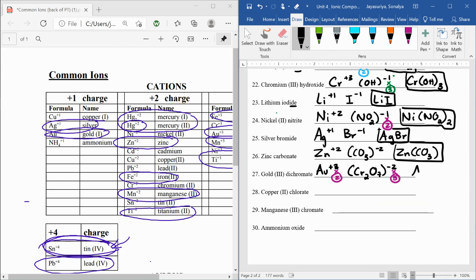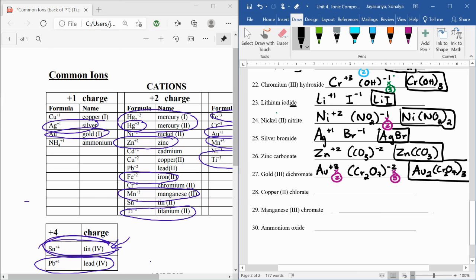So you need 2 atoms of gold, Au2, and Cr2O7, you need 3 of this. This is very large. So you need 3 units of the dichromate and you need 2 units of gold. So you need twice the amount of gold that you currently have and you need 3 times the amount of dichromate that you started out with.